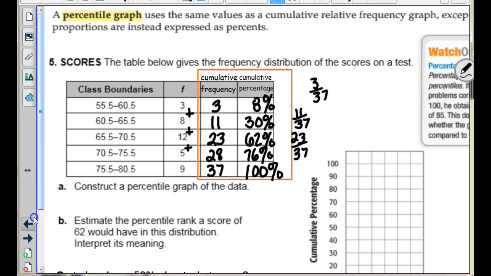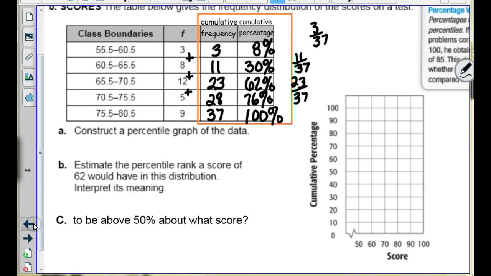All right, so what we're supposed to graph quickly is this number and this number. So at about 60, we're going to be up at 8%. At 65, which would be in the middle here, we're up at about 30%. At 70, which is this line, we're up to 62%.